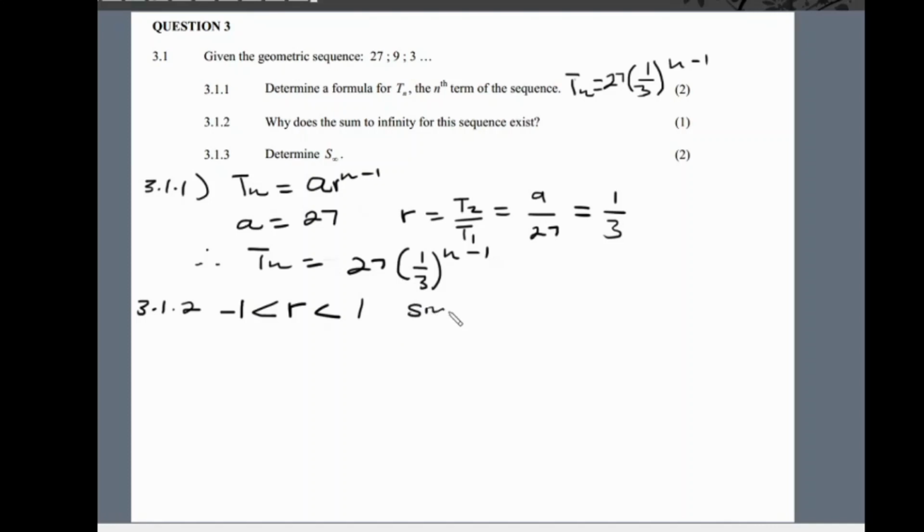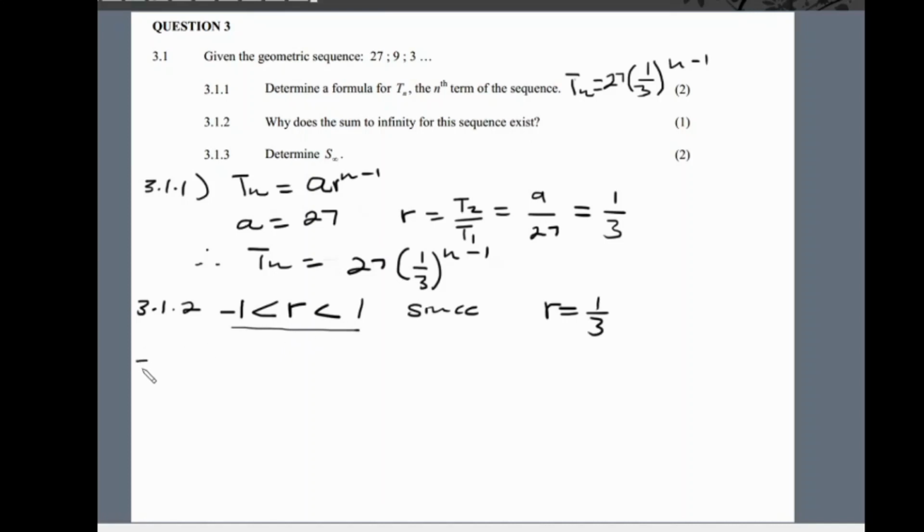Since r is 1 over 3, this condition holds. Therefore this sequence will converge, and the sum to infinity does exist, because our common ratio is between minus 1 and 1.